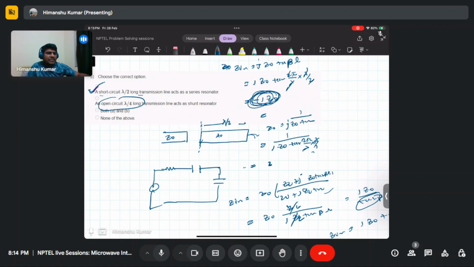So only the lambda by 2 line behaves like a resonator. The lambda by 4 line won't become a resonator. It will just become open or short only. It won't behave like a reactive element. Is that clear?